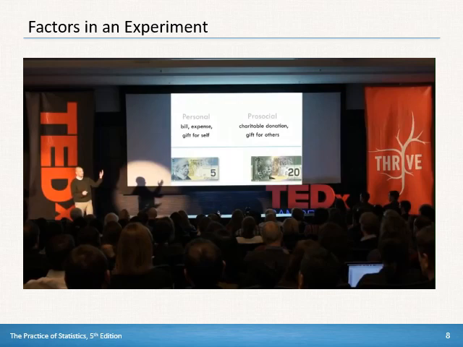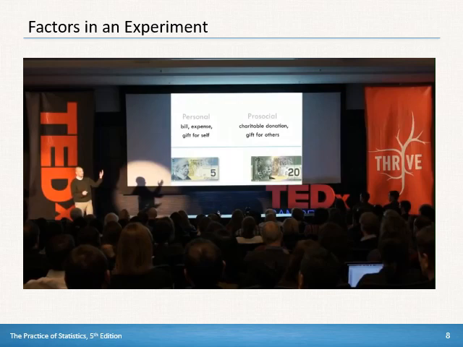So you might think about, at this point, how many treatments this is in this experiment, right? So either you're spending the money on yourself or on someone else, and that's one factor, and then the other factor is how much money they got. So there's two levels of money, either $5 or $20.